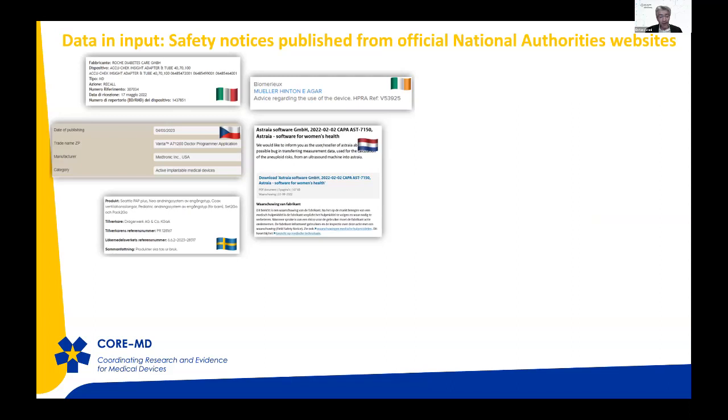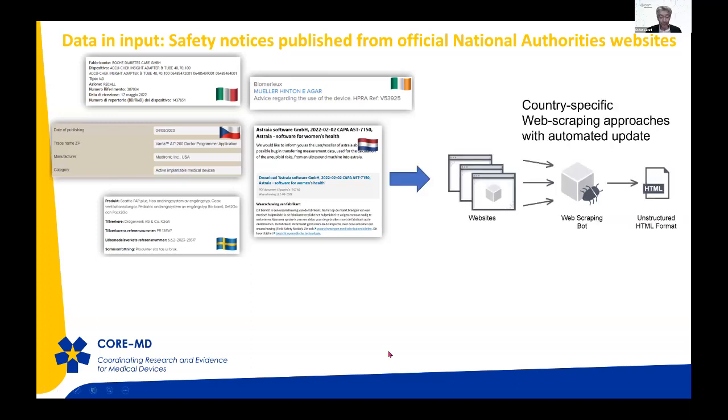These are examples of the information available on the websites reporting medical device problems. In some cases, the data are structured in fields, in other cases are not. And as a first step to generate our local database, we built country-specific web scraping approaches to automatically extract data from available public web pages.